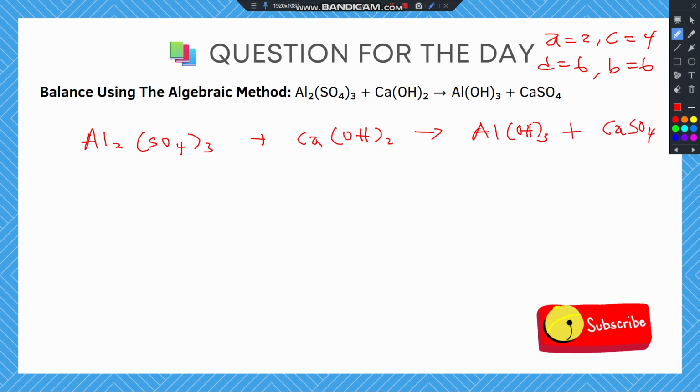Now if you recall, you'd remember that we used letters to stand in front of each compound. So now we can use the numbers that represent each letter to impute them into the equation.